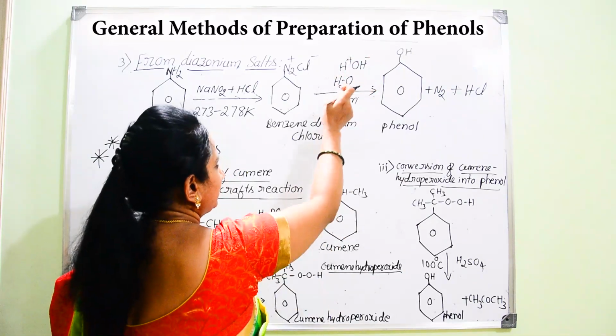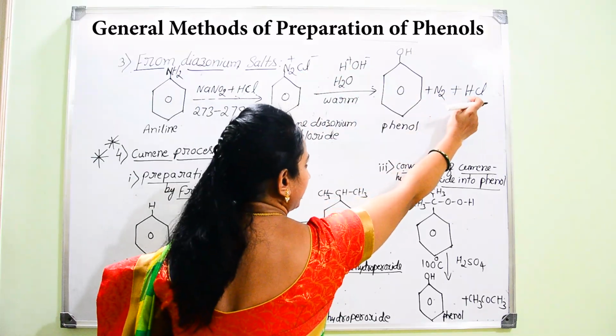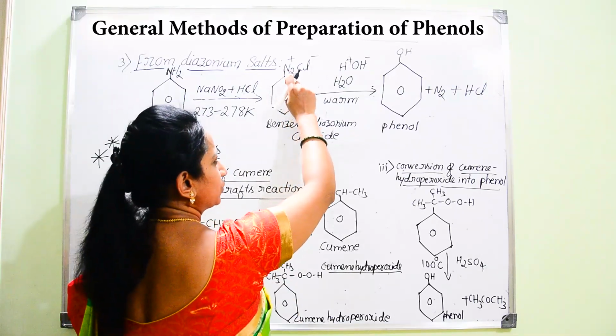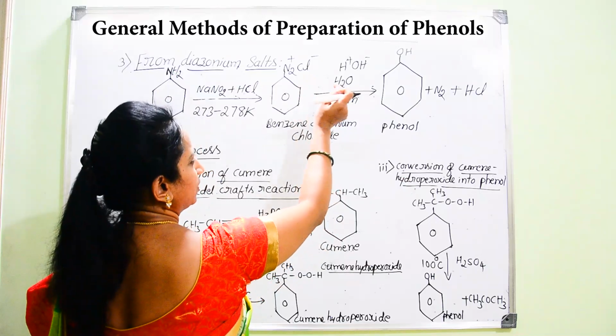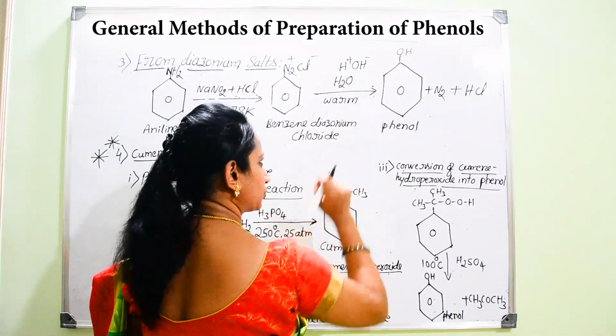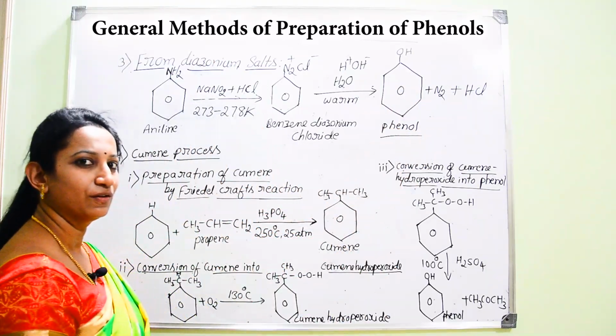Here H will combine with Cl and be removed in the form of HCl, and nitrogen will also be removed as a molecule. What is left over is the OH group. That OH group will directly get attached to the aromatic ring and result in the formation of phenol.